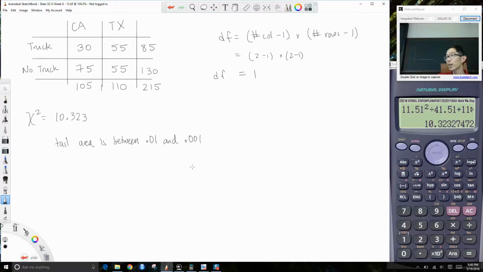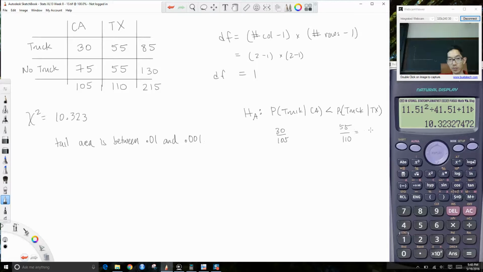If our alternative hypothesis was that the probability of a truck given California was less than the probability of a truck given Texas, we see that California ownership, 30 divided by 105, is indeed less than 55 over 110.